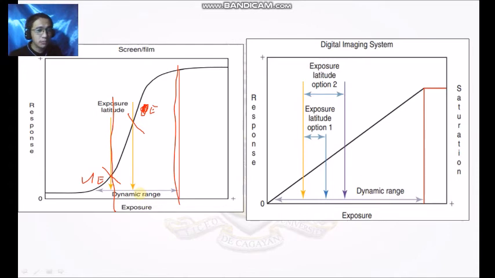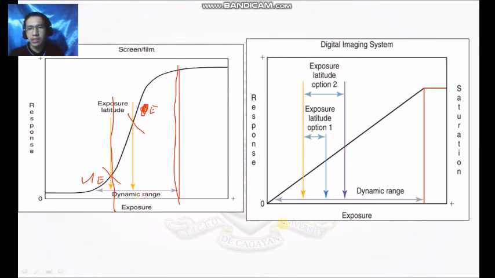Okay, so again, going back to what I first mentioned in this discussion, one of the main advantages of CR is the reduction of repeat examinations caused by miscalculation or incorrect technique factors, because of its very wide latitude.